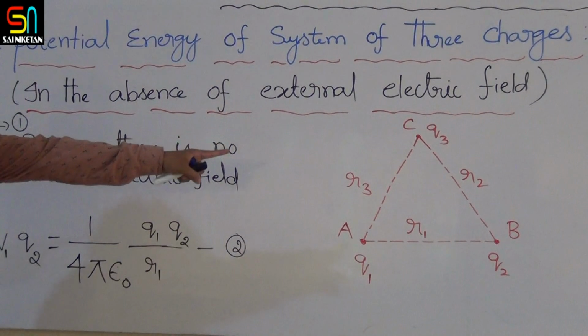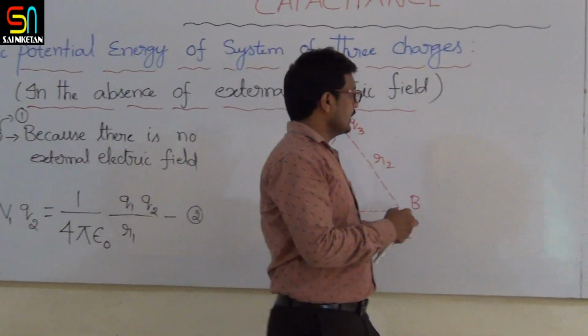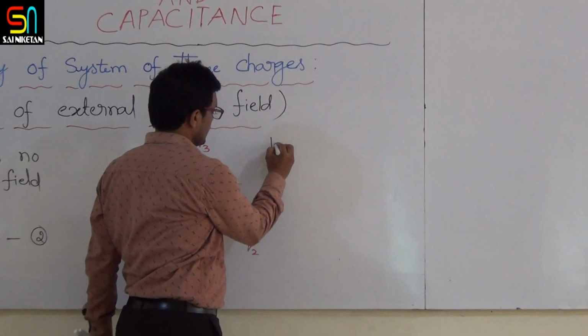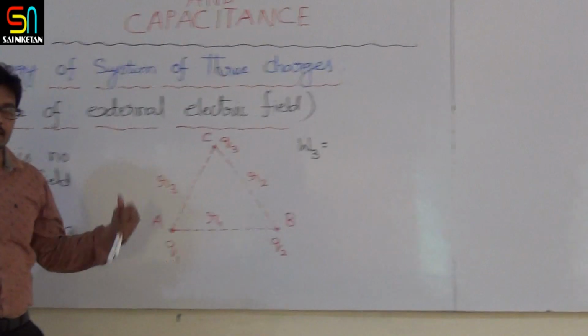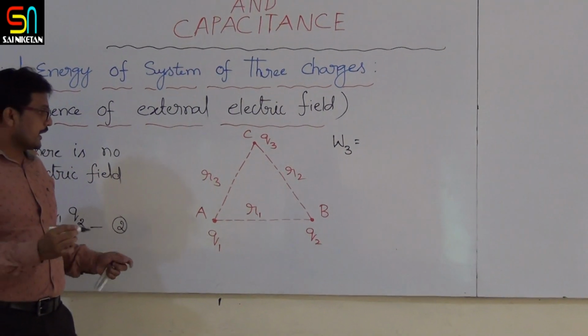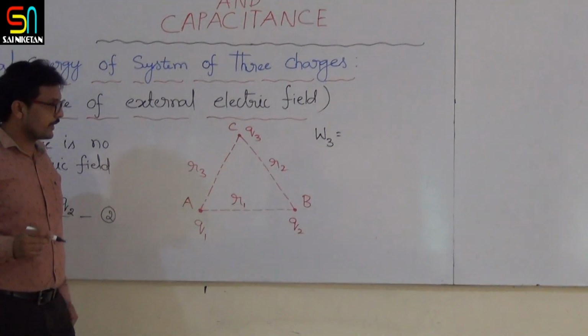Then we are going to write the work done to bring the charge Q3. W3 is the work done to bring the charge into the given electric field, and we are doing the work against the field.